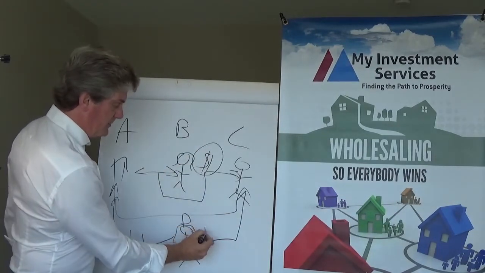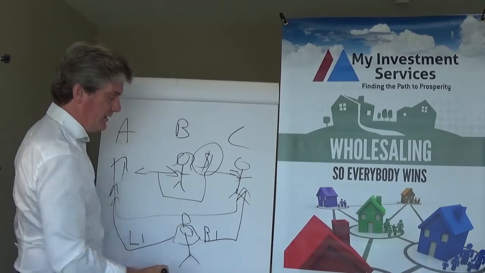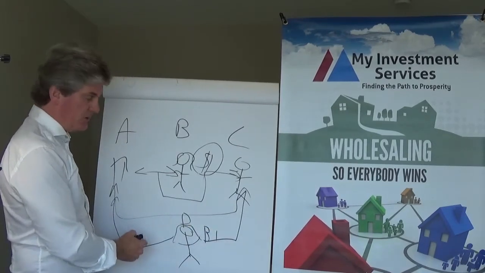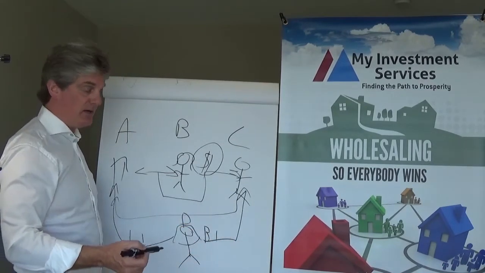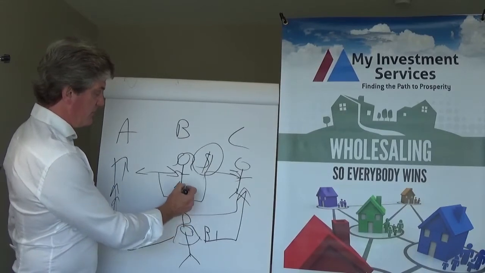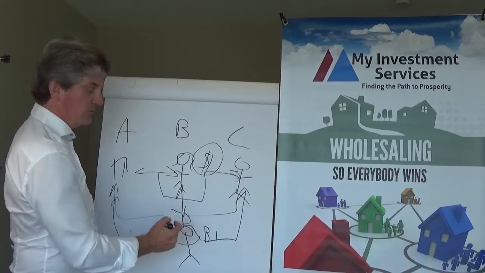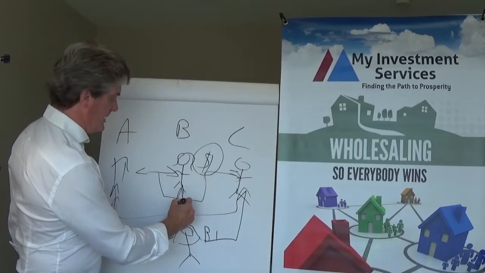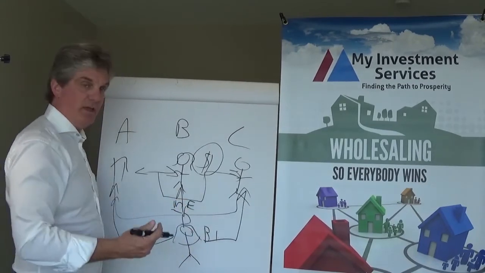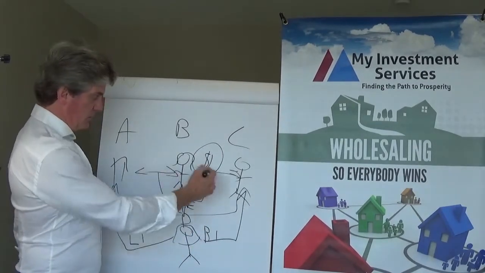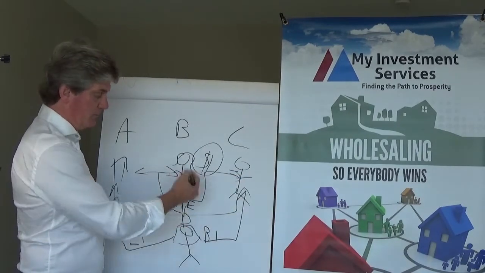So in this case, the agent just earned a second commission. She's got the listing commission, the buyer's commission, but it's not done there. She also gets the wholesaler under what's called a marketing agreement. Let's just put ME. And for a fee, she will go find the seller and the buyer for the wholesaler, okay, for a fee.